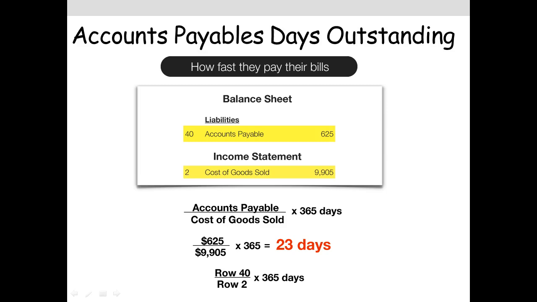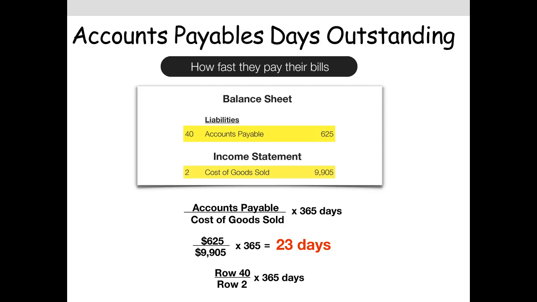The reason we use cost of goods sold instead of sales in this calculation is that payables relate to costs, not revenue, for companies. For companies where cost of goods sold is a small portion of total operating expenses, it may be better to use cost of goods sold plus operating expenses as the denominator.